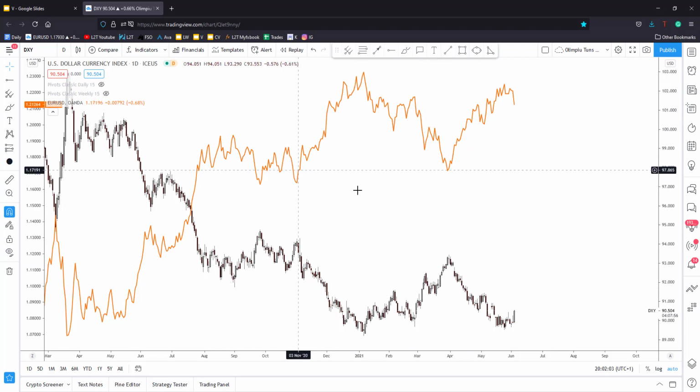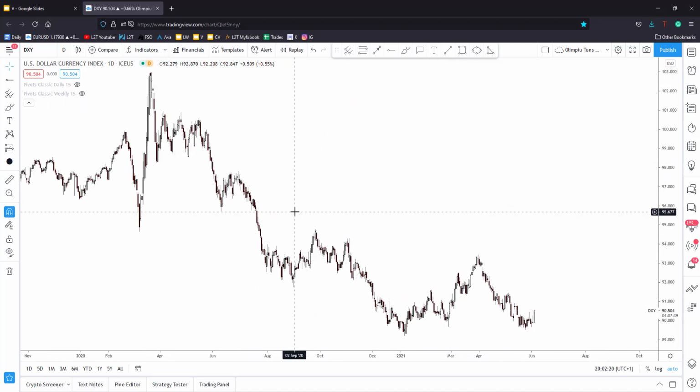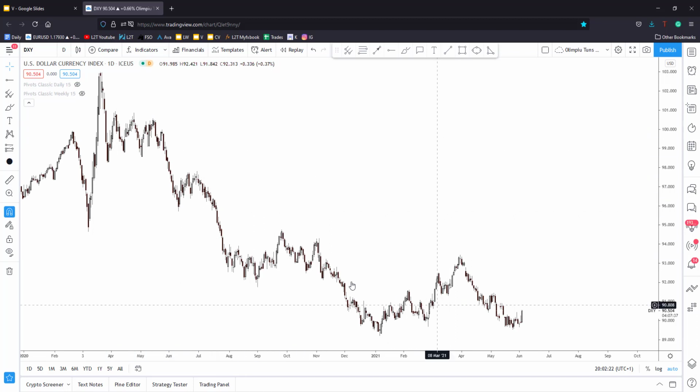So you can use this correlation, you can also make analysis on the DXY to know in which direction the euro versus the US dollar will move. Also very simple, when the DXY, the US dollar index, drops, you should expect that the US dollar will depreciate versus its rivals.